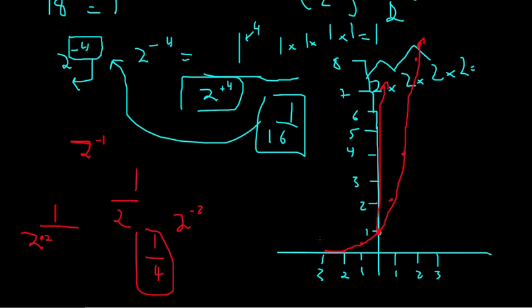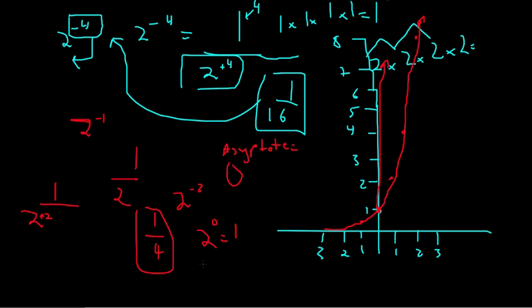And you have an asymptote here. Your asymptote equals 0, because no matter what, you can never have a 0. Even 2 to the 0 equals 1, and 2 to the negative something will equal a fraction.